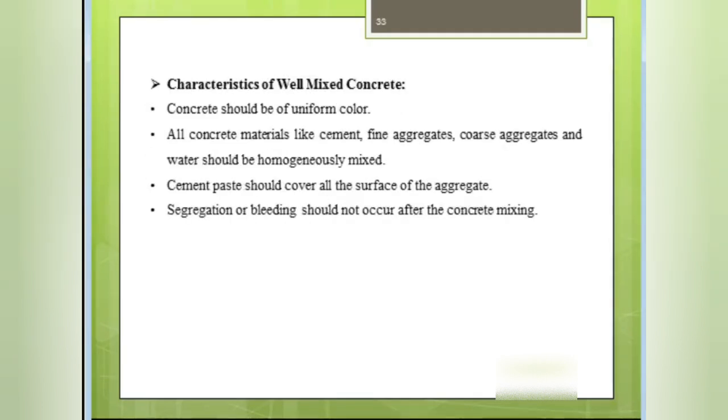How can we get well mixed concrete? The concrete should be uniform in color. After the mixing, with our eyes we can see that it should be uniform in color. That is a gray color we can observe there. If there is a pozzolanic cement, we can find some whitish color.